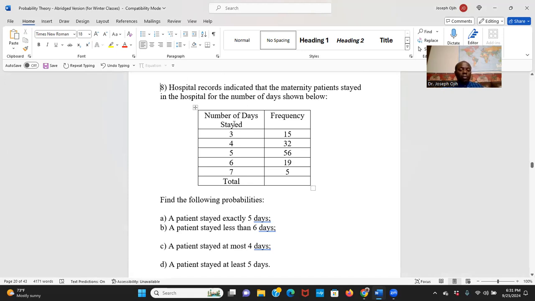You can see the number of days they stayed and the corresponding frequency. Those that stayed 3 days are 15 in number. Those that stayed 4 days, 32 in number, 5 days, 56, and so on.